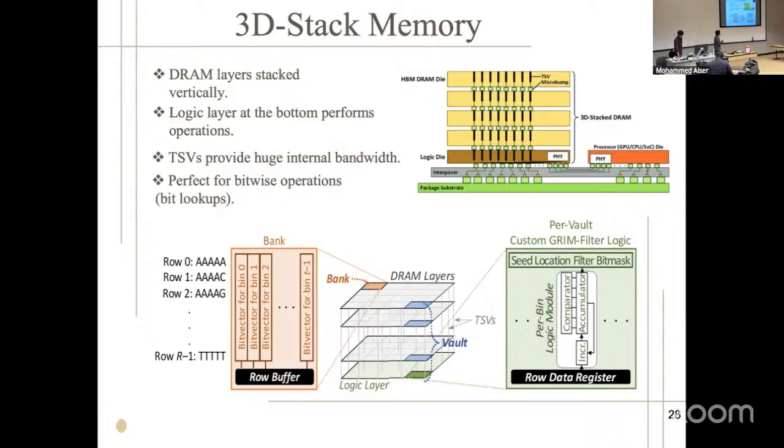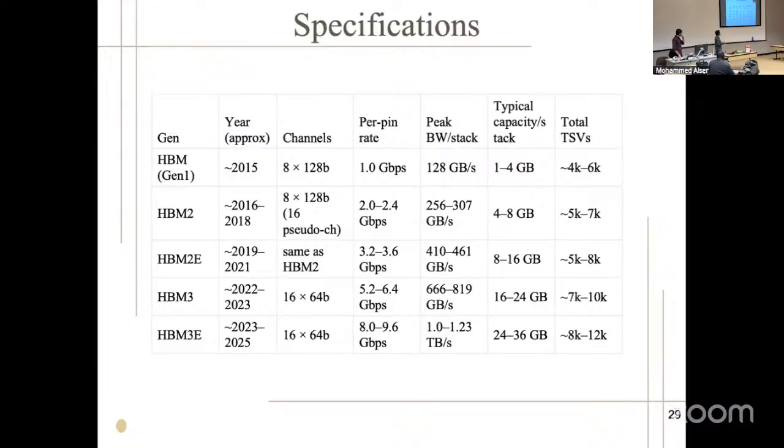Whenever a row buffer is activated, if it matches whatever is in that bit vector, 1 or 0, it will be passed to the logic layer. And we can do this in parallel based on the capacity of this 3D stack memory. So in the next slide, we'll see the specifications of this 3D stack memory.